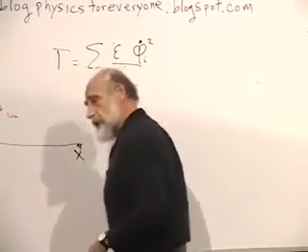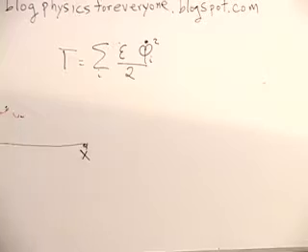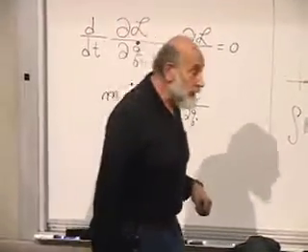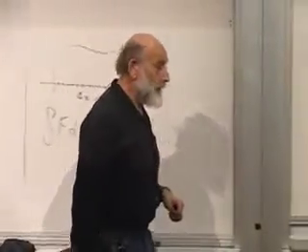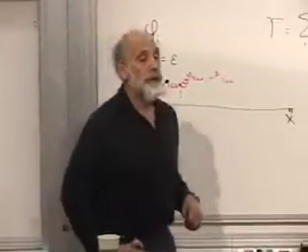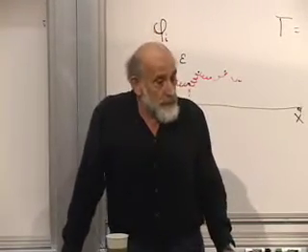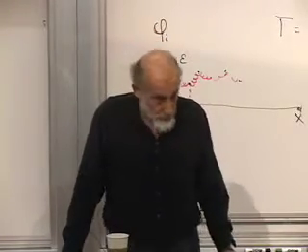Now, what about the potential energy? The potential energy of a spring is proportional to the square of the displacement of the spring from its equilibrium position.